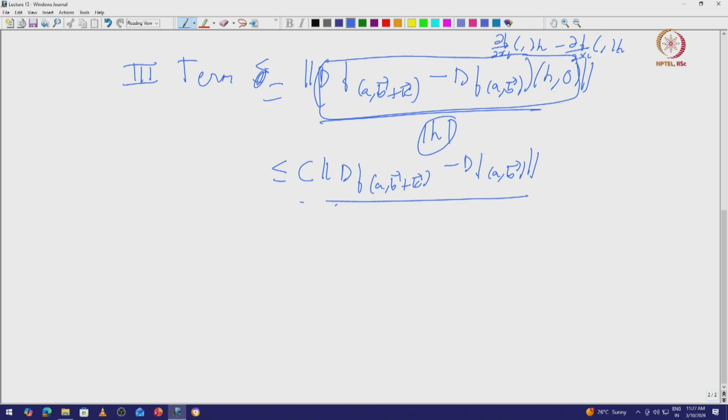Now the point is, now we can use Lagrange's mean value theorem, for example, or any other result to conclude that this goes to 0 as k goes to 0. For instance, by continuity of df by assumption.